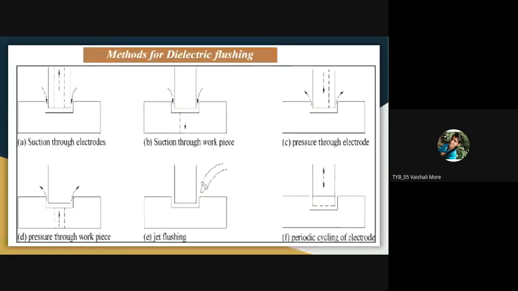Here you can see suction will happen. Then the second is suction through the workpiece. Here you will get the hollow, and from this you can suck the dielectric fluid.